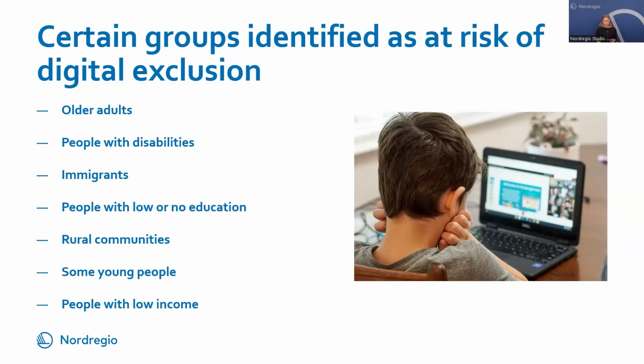Now, it is important to say that not everyone in these groups struggles with digitalization. Many are doing just fine. But overall, these are the groups that research consistently identifies as being more vulnerable to exclusion.